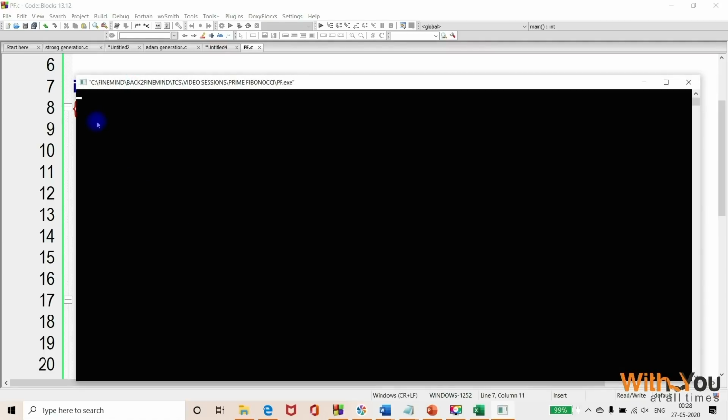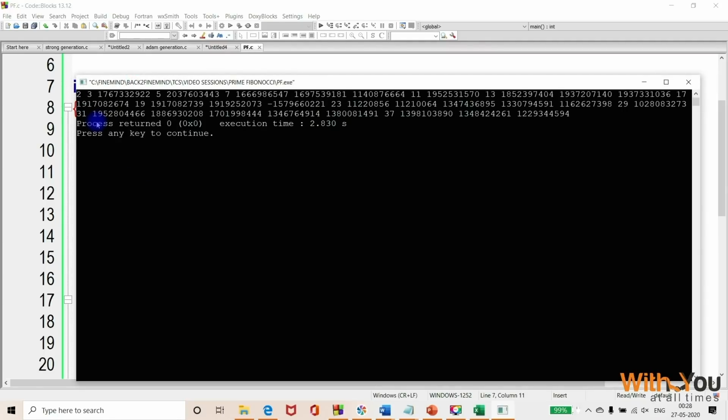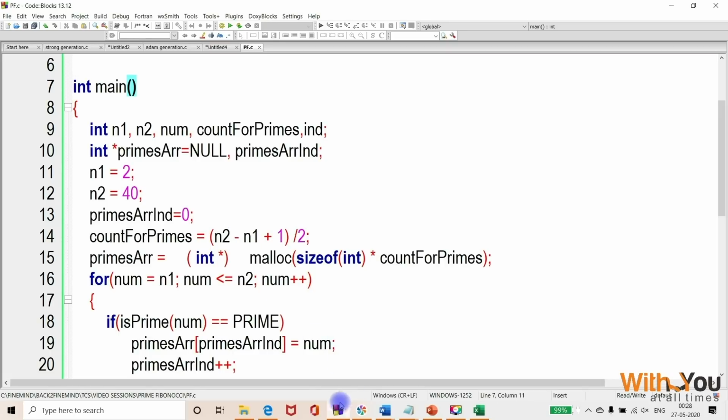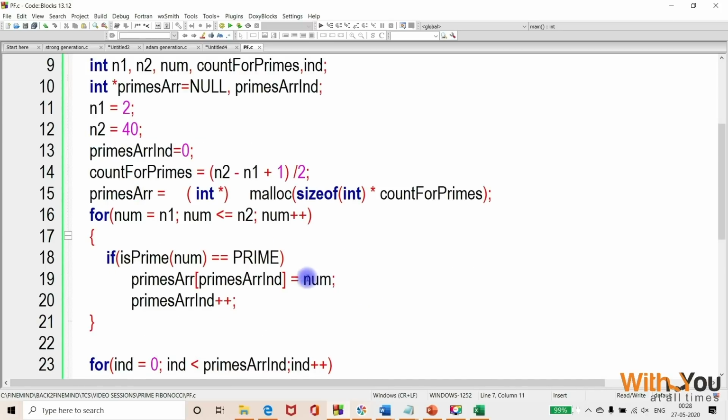Output should be 2, 3, 5, 7. Oh my god. Okay, what is it that is getting in between? Have I made a mistake? This is 0, this becomes 1. And then it becomes 1, this becomes 2. Right?